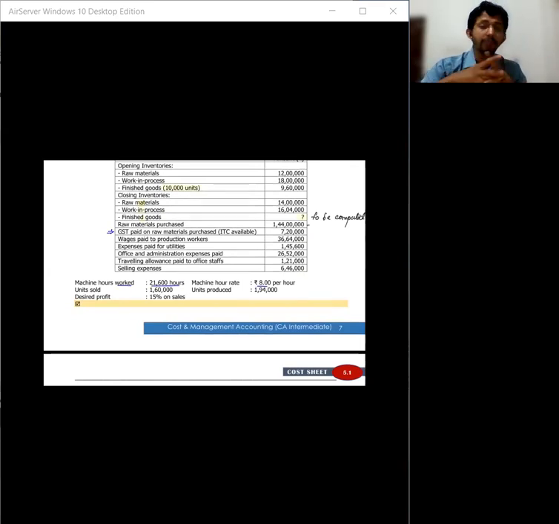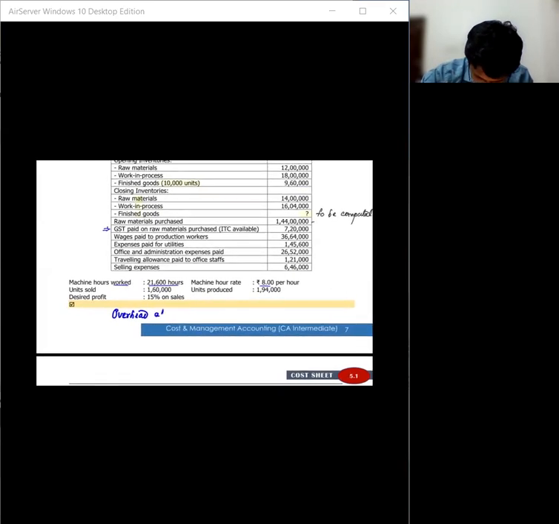Now, friends, what could be the reason why this information is given? You have the machine hours worked and the machine hour rate. We learned in chapter number 4 that overhead absorbed is equal to, what is the formula?